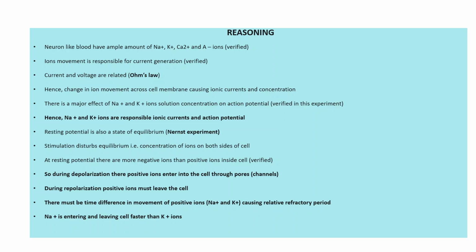So what they thought was that during depolarization, when the potential inside the cell becomes less negative and moves towards positivity, more positive ions must enter the cell through the pores. Makes logical sense. At resting, it is negative, so how will a negative thing become more positive? By influx of more positive ions, obviously. In repolarization, it must again become negative. So either the negative comes into the cell or the positive leaves out.